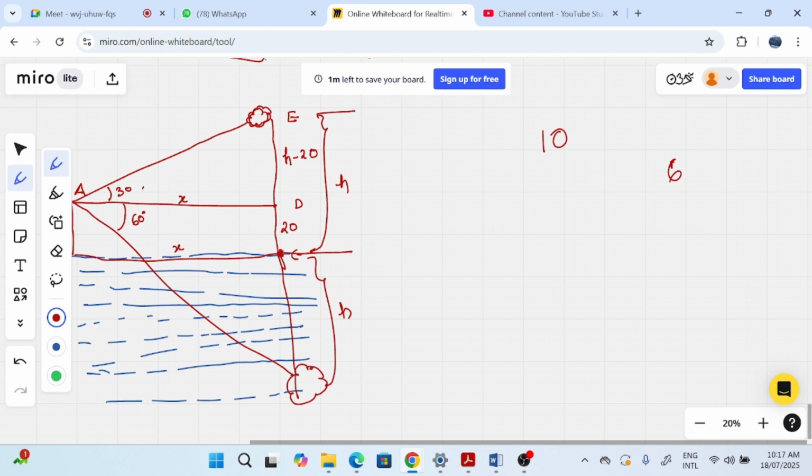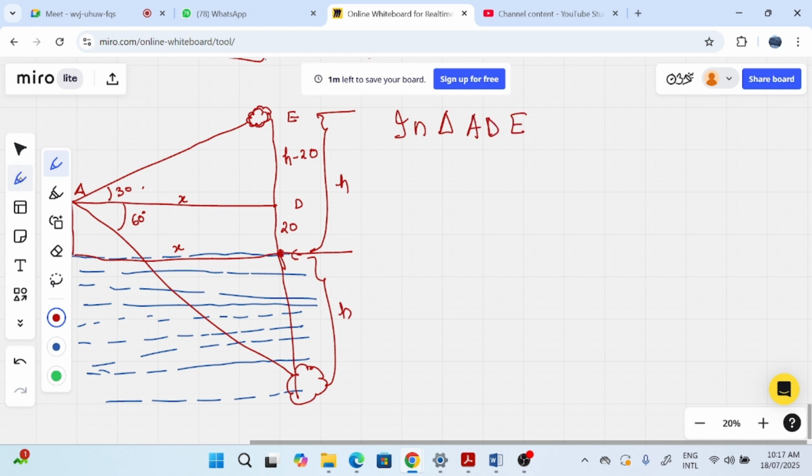You won't say that an unknown variable is left. You will say you are left with 10 minus 6. Similarly, if the entire height is h and a part of it is 20, the other part has to be h minus 20.